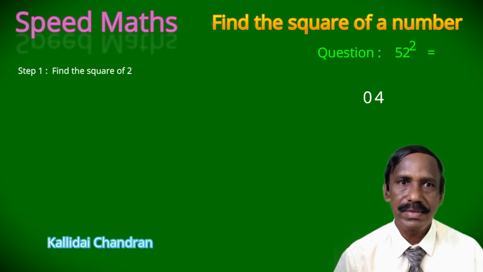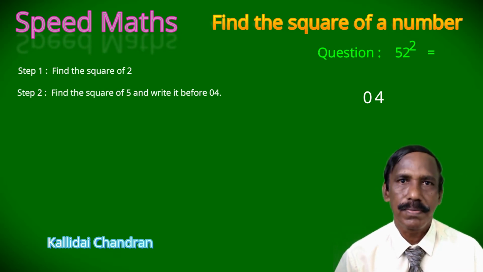Likewise, in this case, 2 square is 4, so we have to write it as 04.